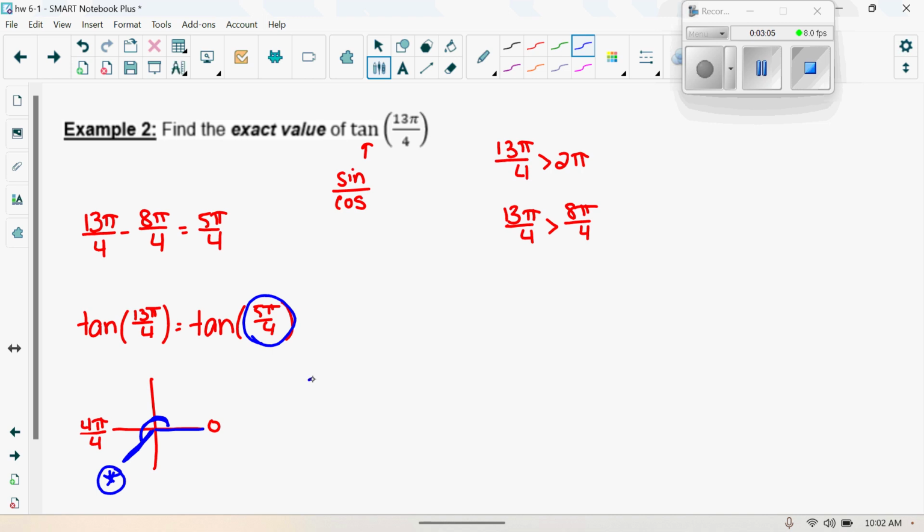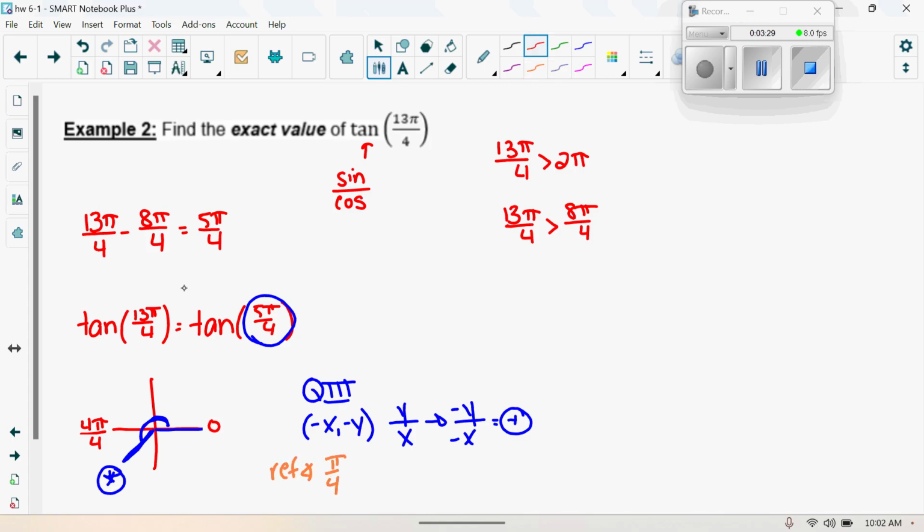Quadrant 3 is negative x, negative y. Tangent is y over x. So I have negative y over negative x, which is a positive. So in quadrant 3, tangent is positive. And my reference angle is pi over 4.